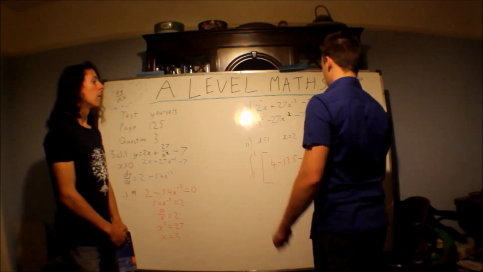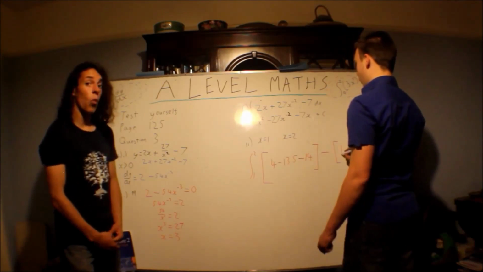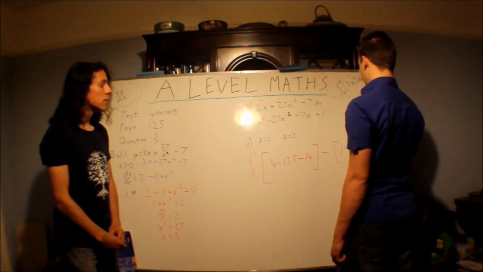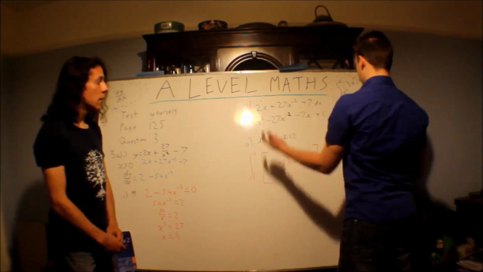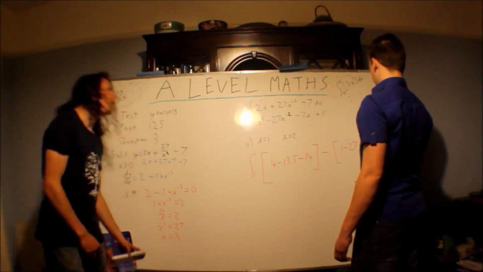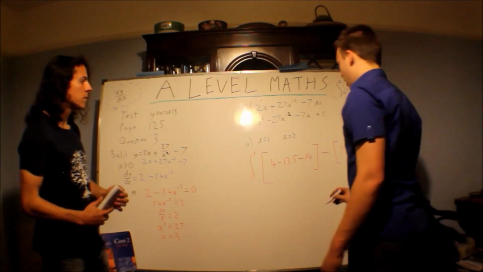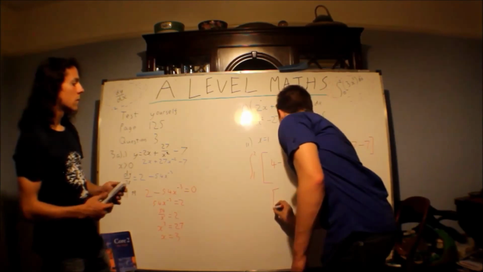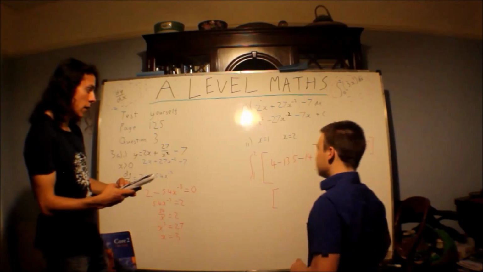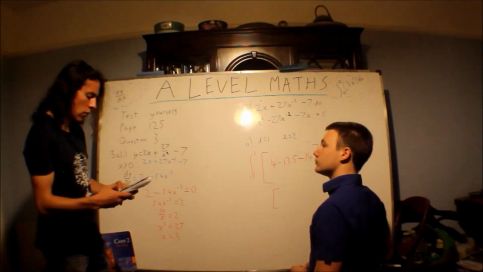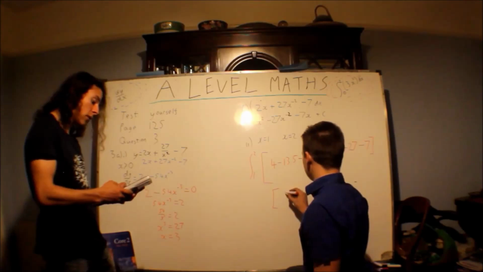And one lot of it, so 1 minus 27, because 1 over 1, and then minus 7. We should do these in 2 steps. So the first bracket is 4 minus 13.5 minus 14, which is minus 23.5.